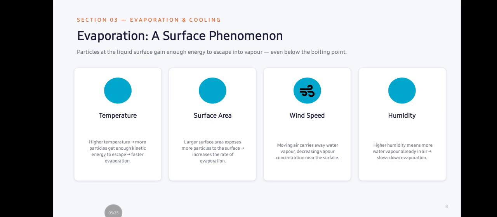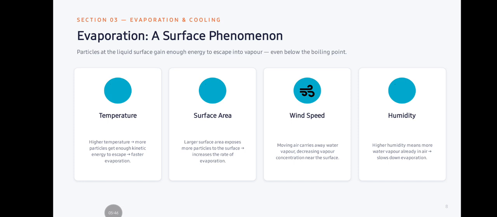So, vaporization is a surface phenomenon. Particles at the liquid surface gain enough energy to escape into vapor, even below the boiling point. Temperature: higher temperature, more particles get enough kinetic energy to escape, faster evaporation.